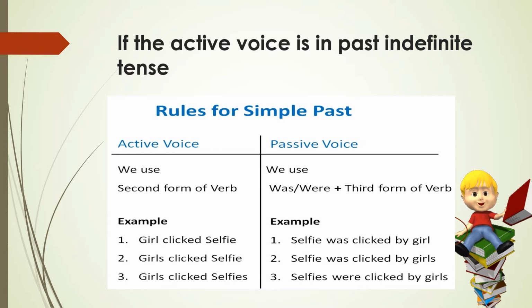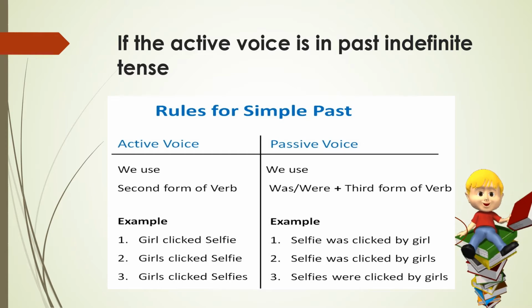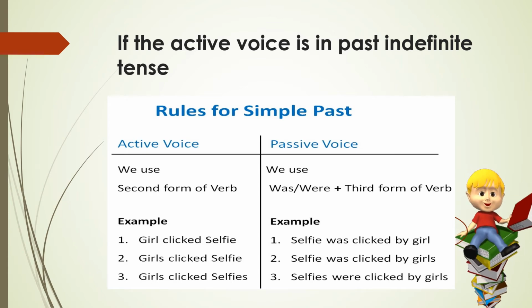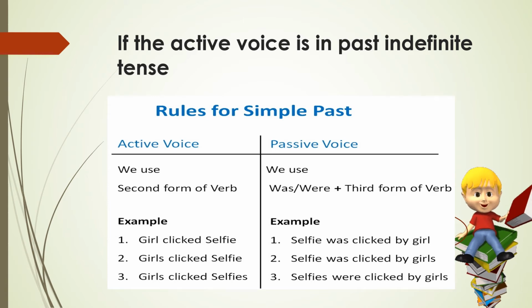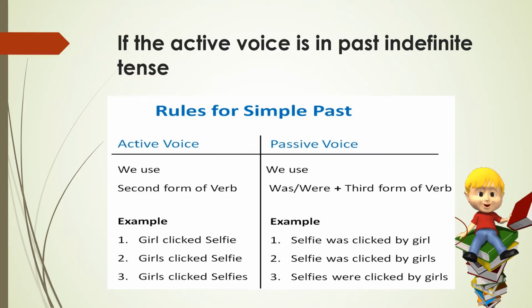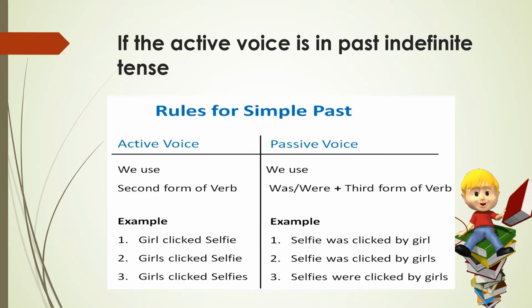If the object in a passive voice is singular, then it will take the helping verb of singular verbs, right? For example, a selfie was clicked by the girls. But if the object is plural, then it will take the helping verb of the plural verbs. As you can see in the third sentence, selfies were clicked by the girls.